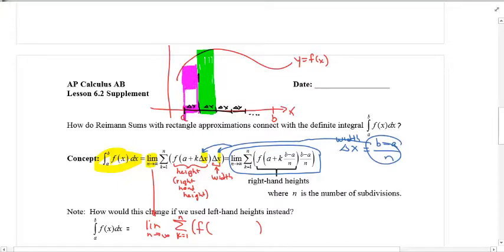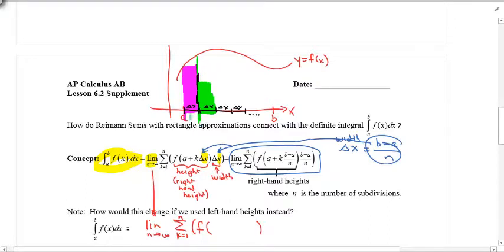So what did I use as my x value for this first rectangle? I used the value of a. Not a plus delta x, but just a. Now what about the green one? How will that change? So this is my second rectangle when k equals 2, and I use the x value at this first breakpoint.